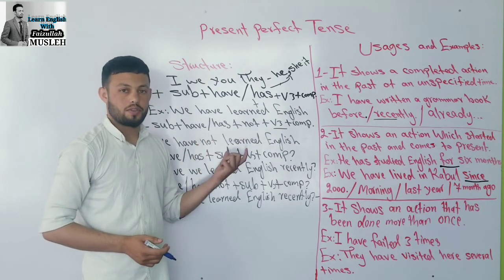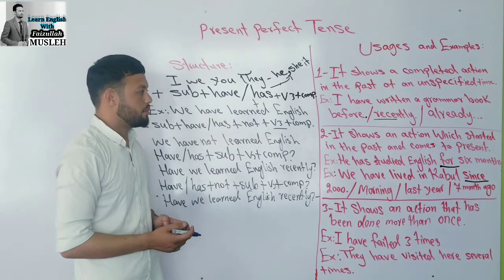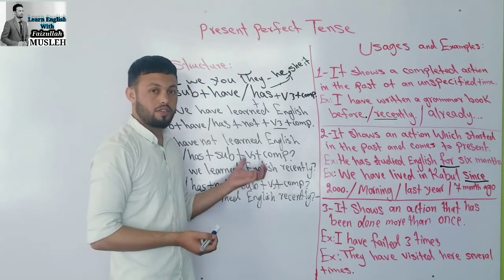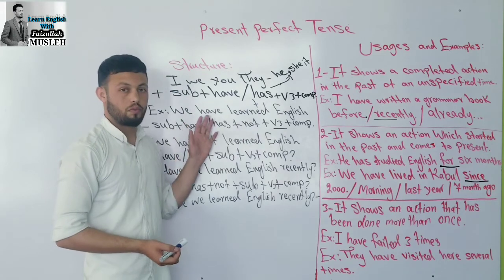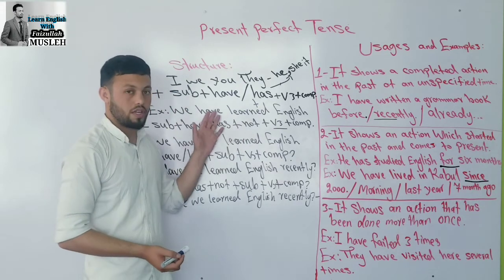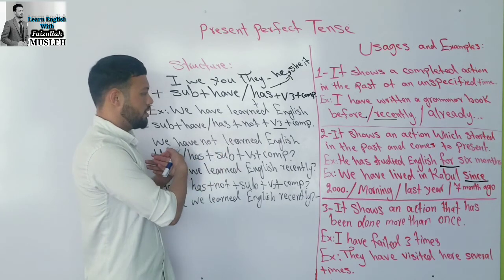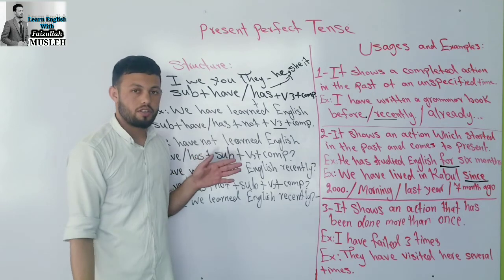And this is the structure for present perfect tense, and the other usage is with just. When an action immediately happens, we use just. For example, I say, I have just finished the structure. This is a sentence for usage with just. It means it is done immediately, but I don't want to mention the time.